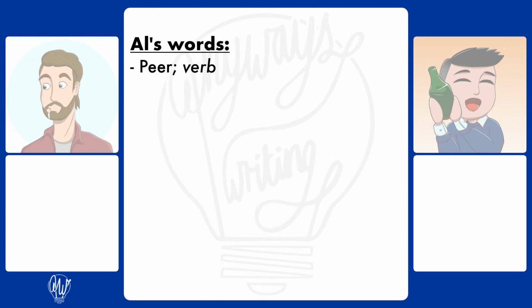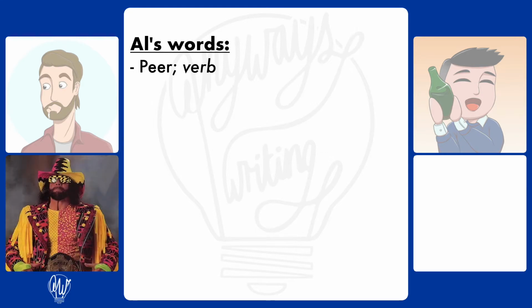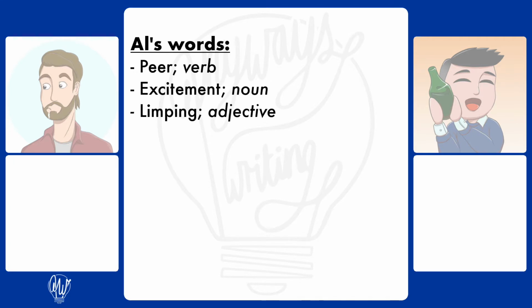Sorry, the situation is that I've written down your words and you haven't. I can give you a hint to the noun. The hint to the noun was that you accidentally did an impression of Macho Man Randy Savage when you told me it. Oh, excitement! There you go. Excitement. And the adjective was limping, of course.